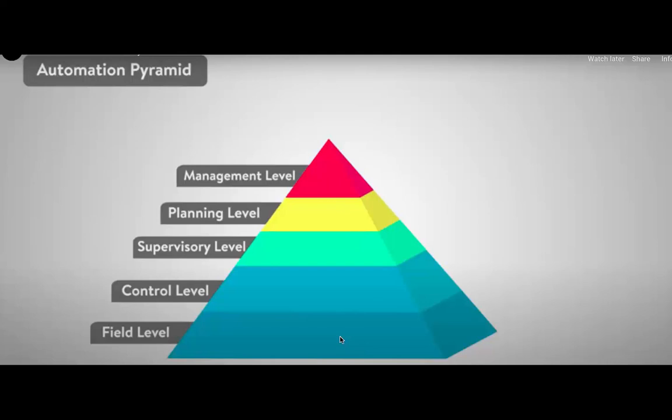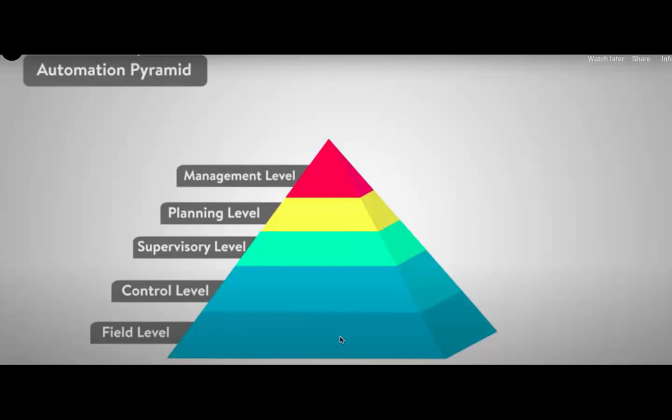Now, the next part is the control level. It consists of various control devices. Control devices are what we need to control all the sensors and actuators according to our requirements or according to the operations.